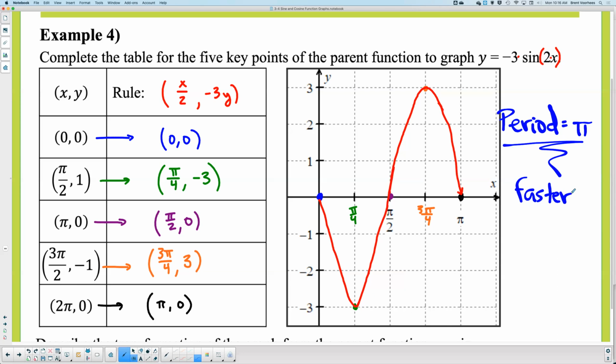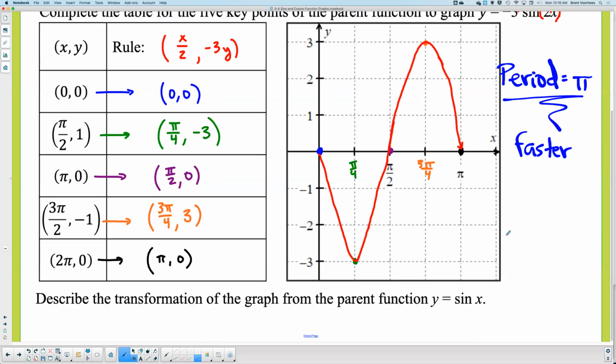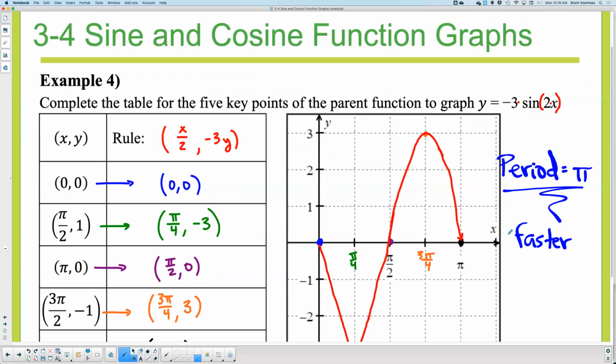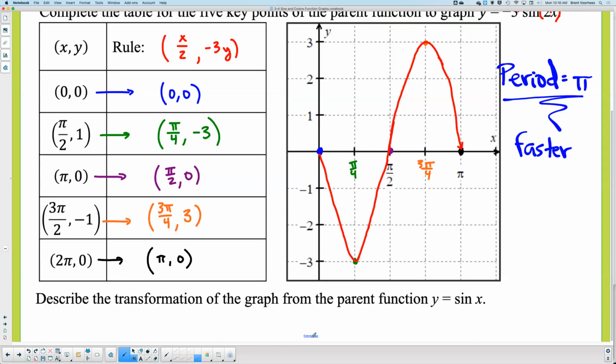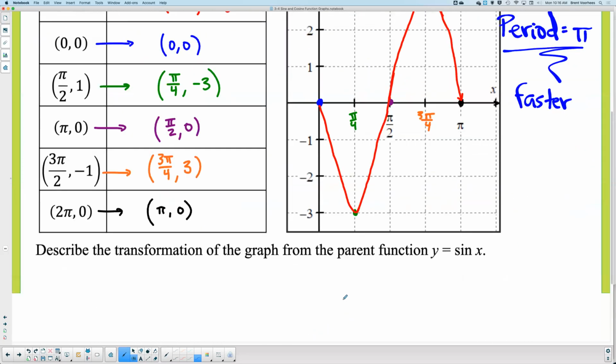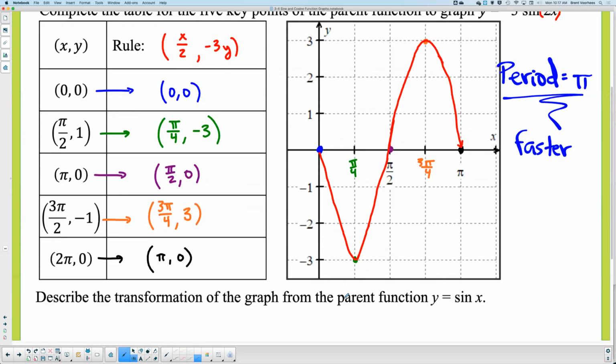Okay. Is there something down below we need to fill in? Oh, transformations. We had 2 transformations. Oh, one more thing I want to write on this. Amplitude. Remember, amplitude is the maximum minus the minimum divided by 2.